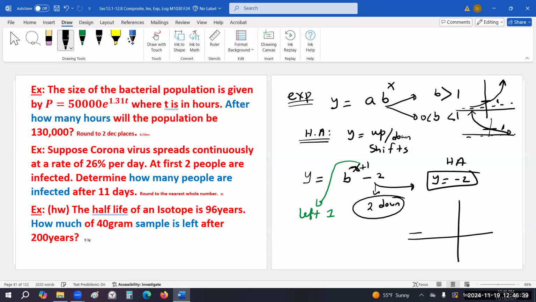So if this is your exponential function b to the x, your log has the same shape, but the position is different. It's called vertical. So this is log of x. Exponential is growing very fast, but log function, they are growing very slow because they are opposite of one another.